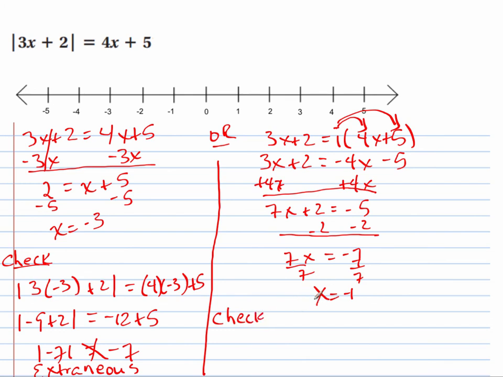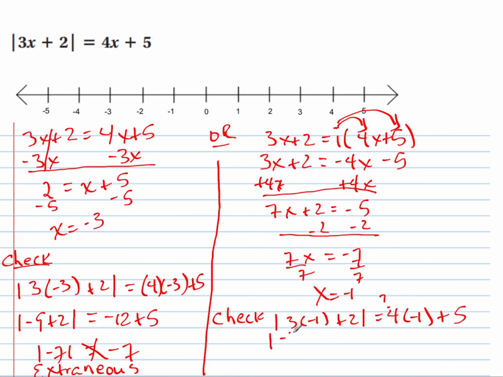Check. I'm going to write this a little small because I'm running out of room here. The absolute value of 3 times negative 1 plus 2 is equal to 4 times negative 1 plus 5. I don't know. Is this a true statement or not? Negative 3 times 1 is negative 3.